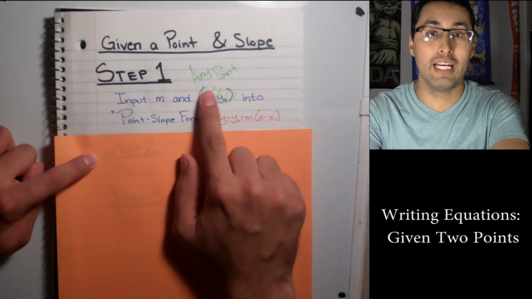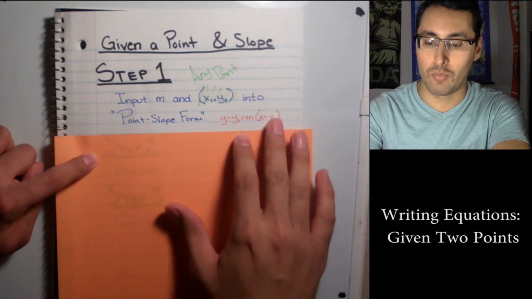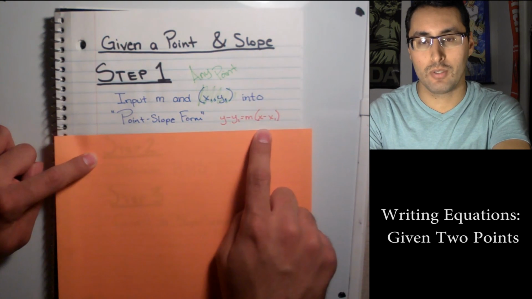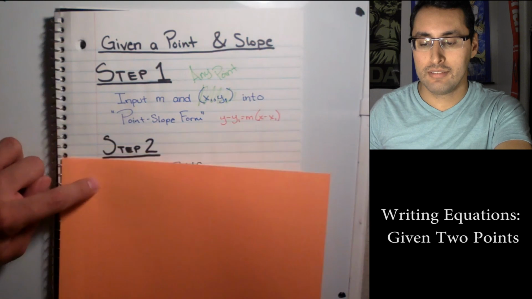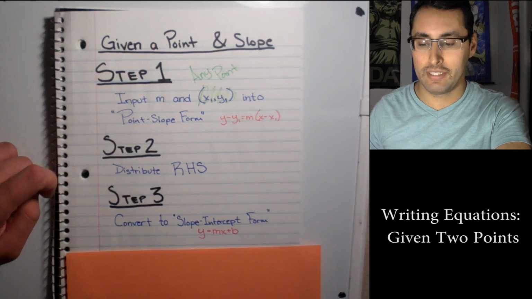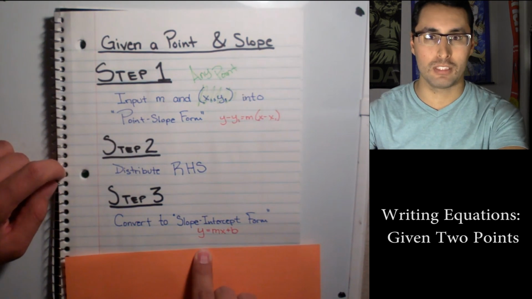It turns out we're just going to use any point that'll make our lives a lot easier. We put those into point slope form, which is this equation. Second step, you're going to use the distributive property on the right hand side, and the last step is convert to slope intercept form, which is y equal to mx plus b.